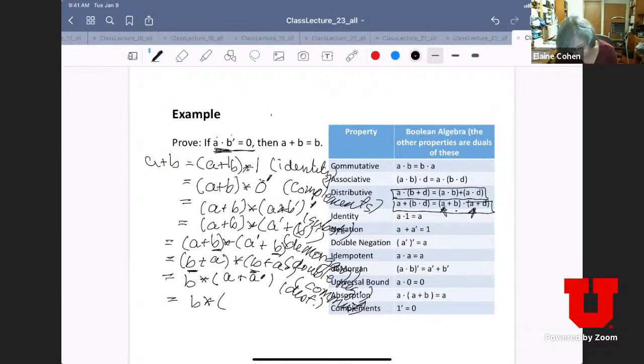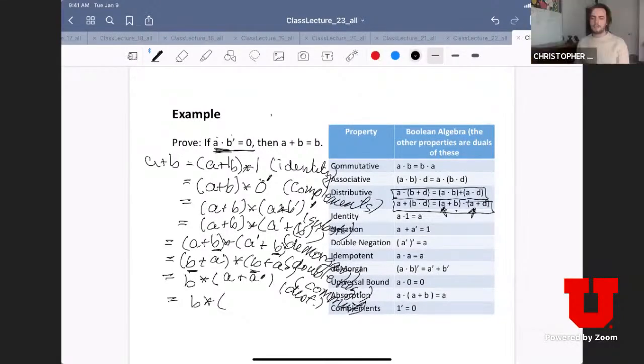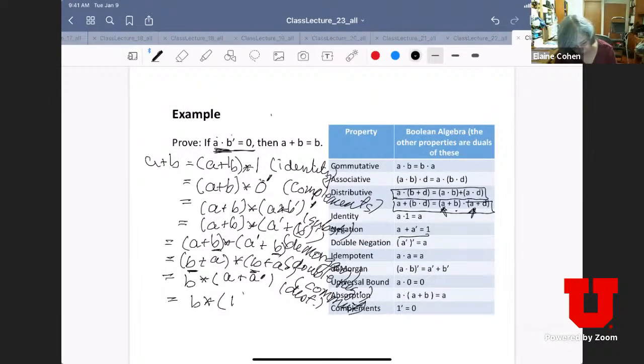Okay, so we have a rule here. Where's our rule? A plus A complement. Negation, I think. Yes, thank you. I have trouble finding these things. So that's negation. Good. And then I write that that's equal to B. How do I know that's equal to B?